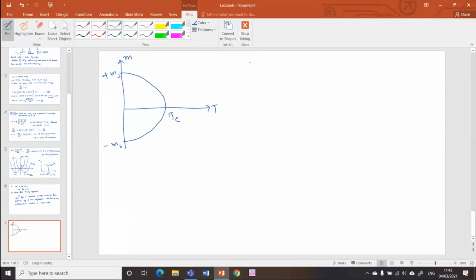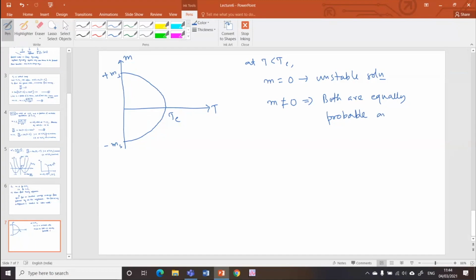At T less than Tc, M equal to 0 is an unstable solution, and these non-zero solutions are both equally probable and stable.